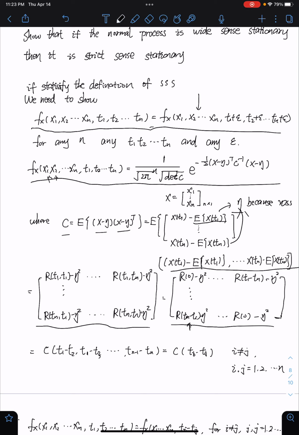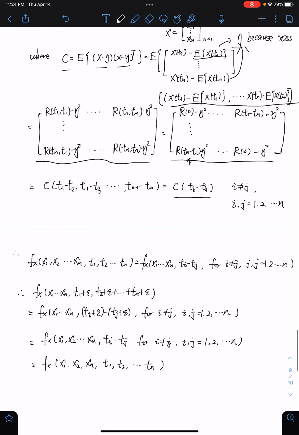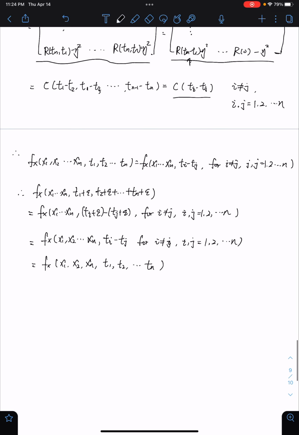So we can simplify C to entries ti minus tj, where i and j range from 1 to n and are integers. So now let's prove the SSS property.